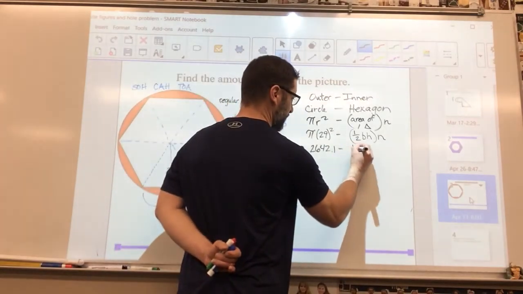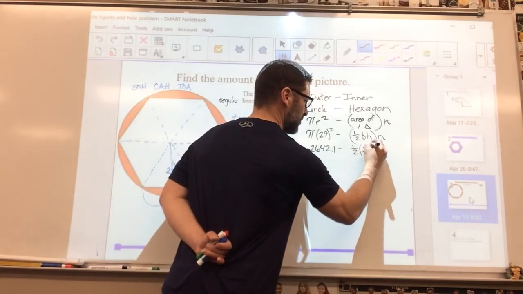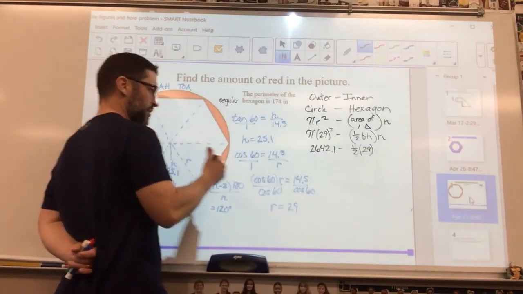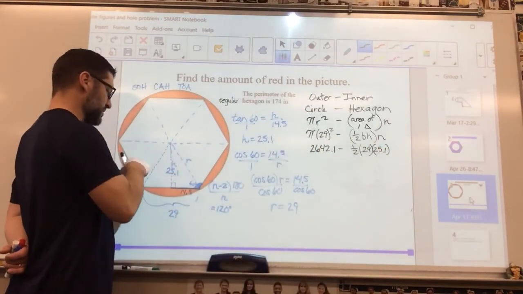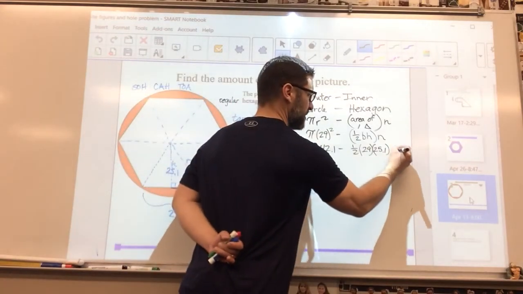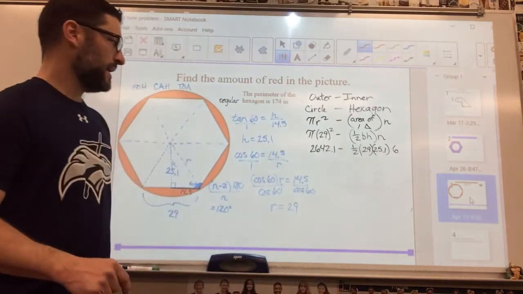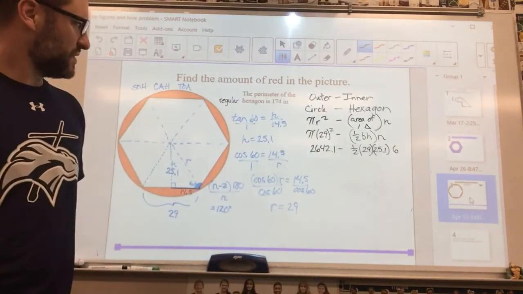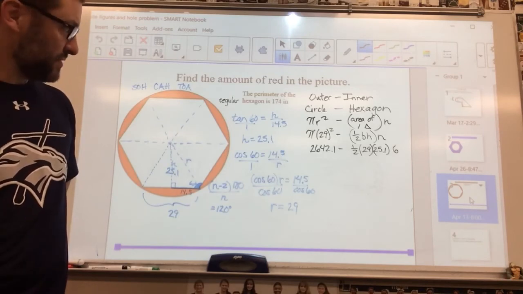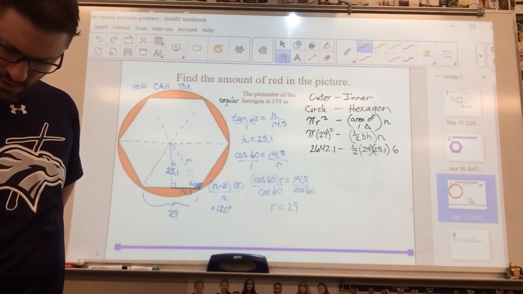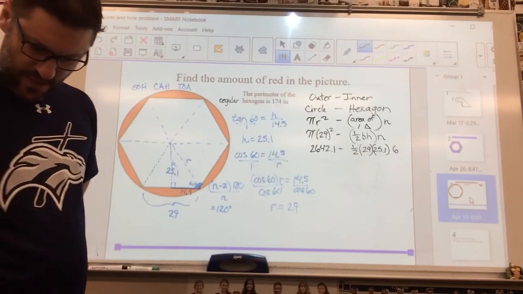I take 1/2 the base, 29, the height, 25.1, and n, there's 6 sides. Again, because this is a decimal, I'm just decimalizing it all. So I got 0.5 times 29 times 25.1 times 6, and I got 2183.7.